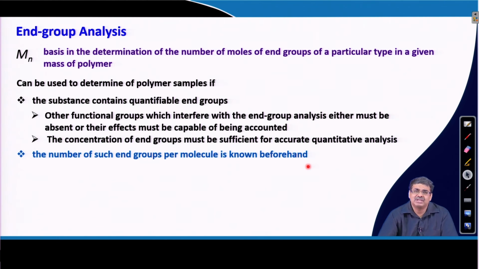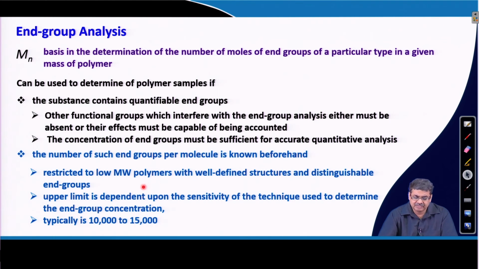So, we should know whether it is a linear polymer having 2 ends or a branched polymer having more than 2 ends. That we must know to find out the polymer molecular weight. It is also restricted because as we increase the molecular weight, the number of ends for a given weight of sample comes down, hence the quantification of these ends also becomes difficult.